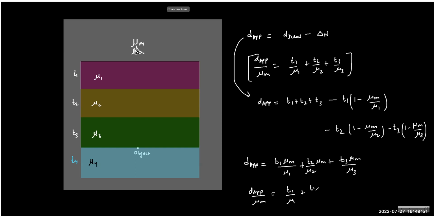T1 on mu1, T2 on mu2. So this is the direct formula which you can derive. So you can use this direct formula, or you can use the actual location minus the shift of each value.